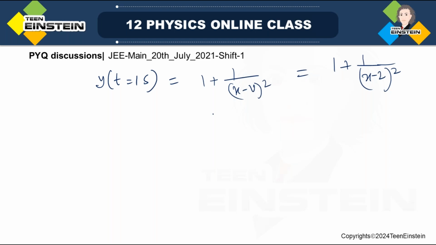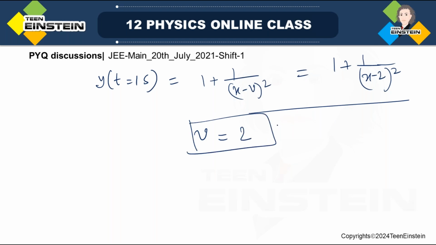If you compare these two, from this equation you can get v is equal to 2 meter per second. So this is how you can do it.